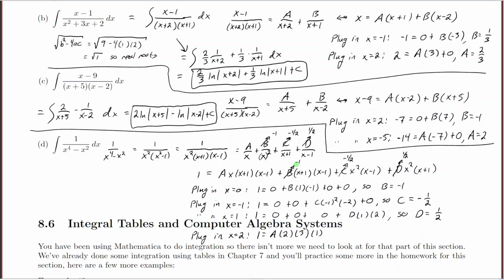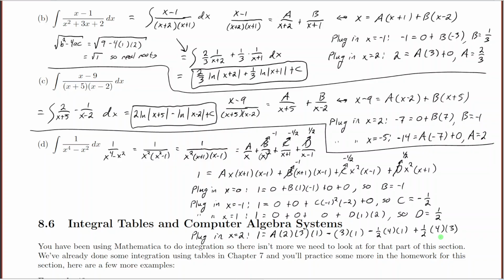And then this will be minus 1 times 3 times 1, plugging into here. And again, that negative coming from the b being equal to -1. And then plus 1/2 times 4 times 1. I guess that'll be a minus since c was -1/2. So let's change that. And then d is positive 1/2 times 4 times 3 here.